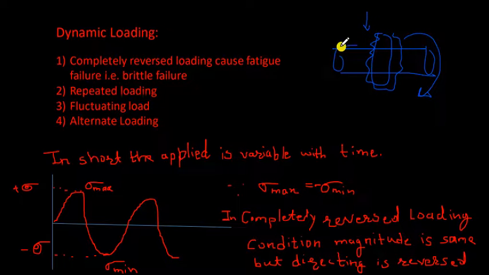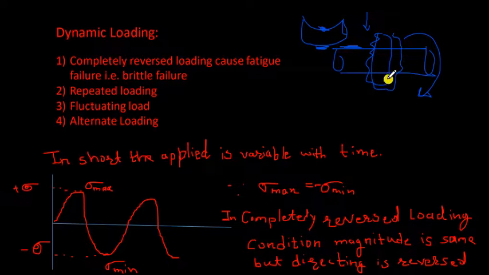So this upper part of the shaft will be under compression because it will create bending like this. Sorry, I said tension. The upper part will be in compression while the lower part will be in tension.